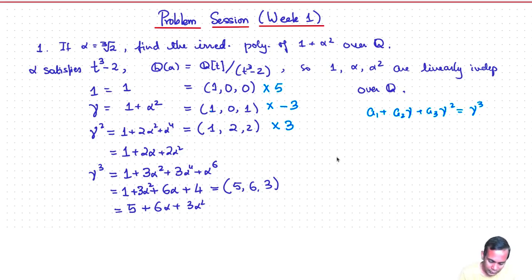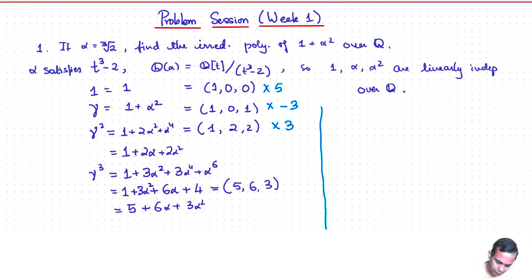So anyway, one way or the other, I find out that gamma cubed is equal to 5 minus 3 gamma plus 3 gamma squared.